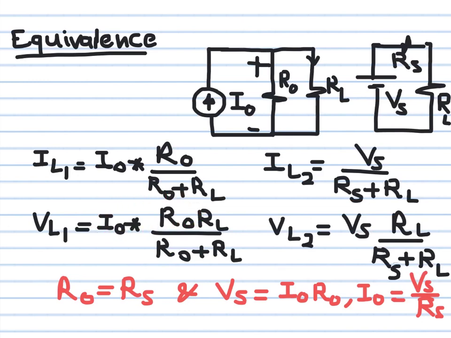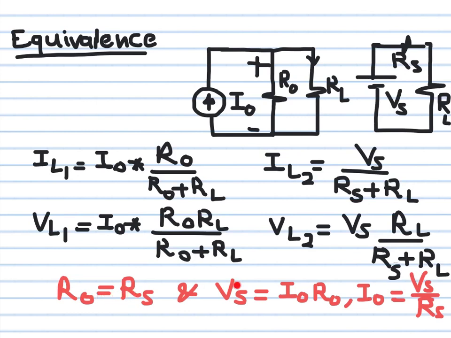Okay, and this gives us the equivalence between a voltage source in series with a resistance and a current source in parallel with a resistance. So in some circuits, if you see a voltage source in series with a resistance, and converting it to a current source in parallel with the resistance would simplify your circuit, you go ahead and do that. Remember, the parallel resistance is equal to the series resistance.